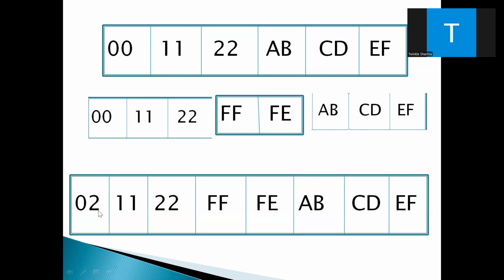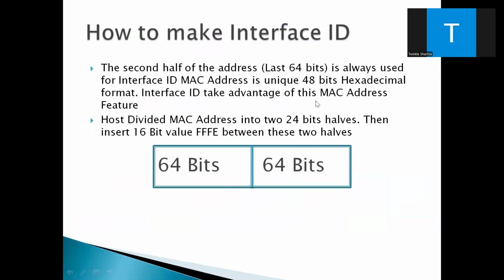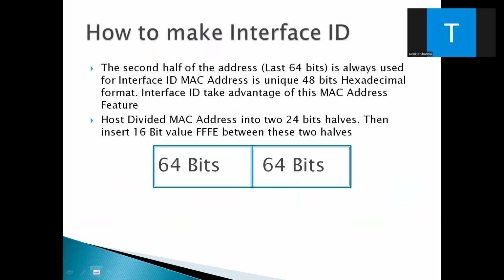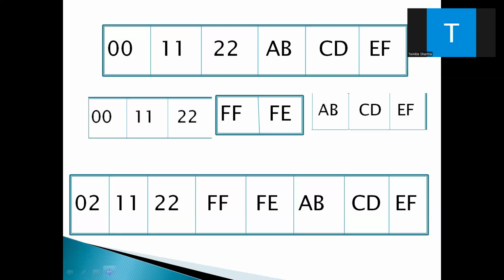Why do I write 2 here? It is the extended unique identifier, because of the binary. In this, we have the 7th bit to be flipped. Okay, if we have 0, we have to replace it with 1, and if we have 1, we have to replace it with 0.